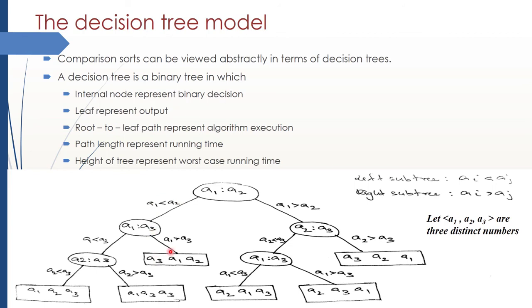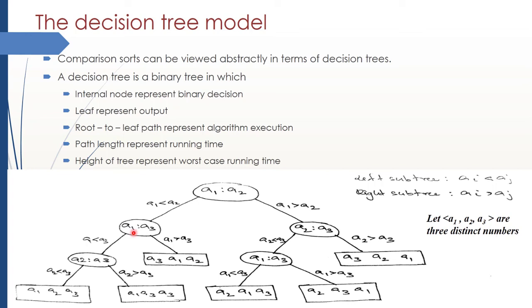We come to this point after comparing A1 and A2. Next A1 will come, next A2 will come. So with these two comparisons, I came to the conclusion A1 less than A2, A1 greater than A3. I got a sequence. If these two conditions are satisfied, this is the output sequence: A3 will be smaller, next element is A1, next A2.